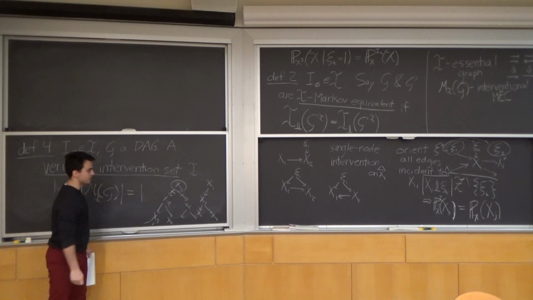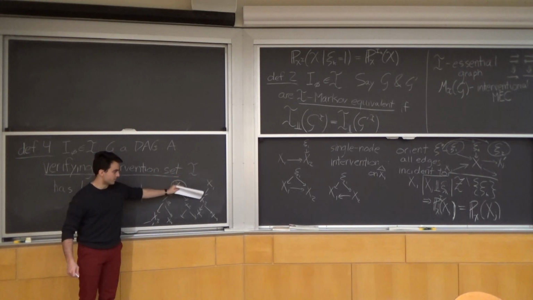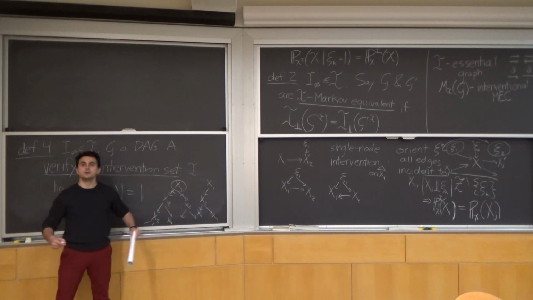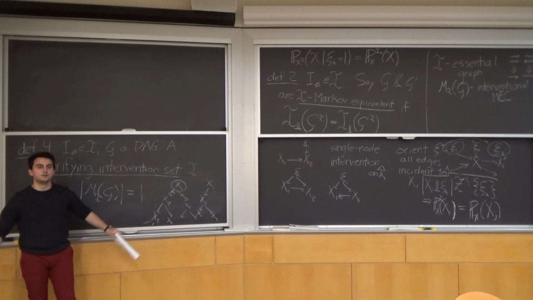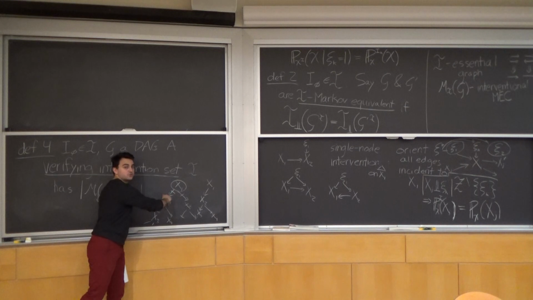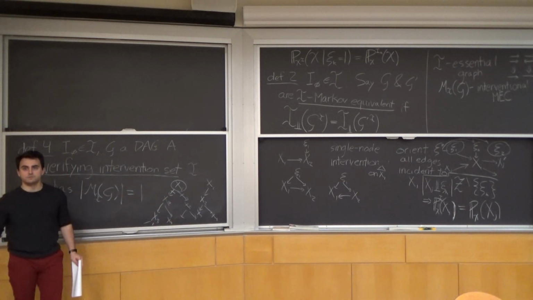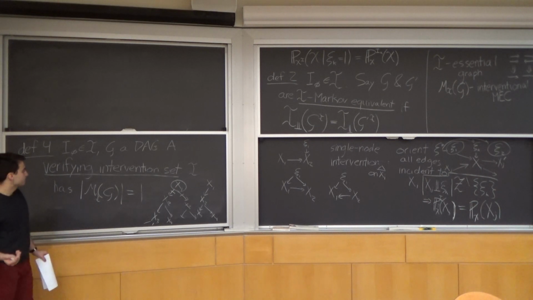Even if I had more edges out here, once I get this edge, I get the ones from x2 to x3 and x2 to x4. Then I apply it again if I had things below x3. So it just fans out, and I get all of the orientations from this single node intervention plus the Meek rules, or really just the first Meek rule.